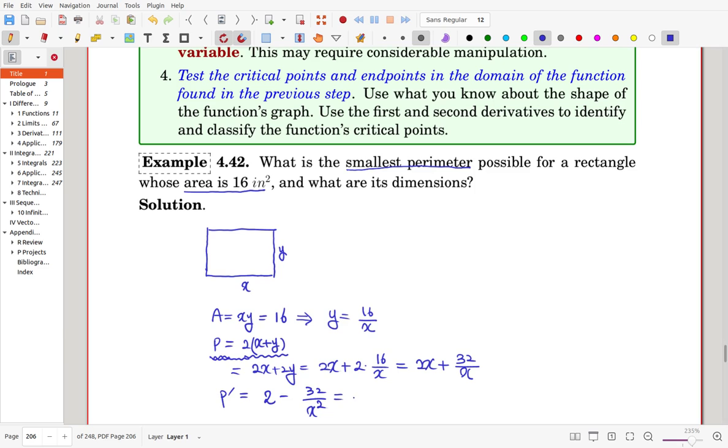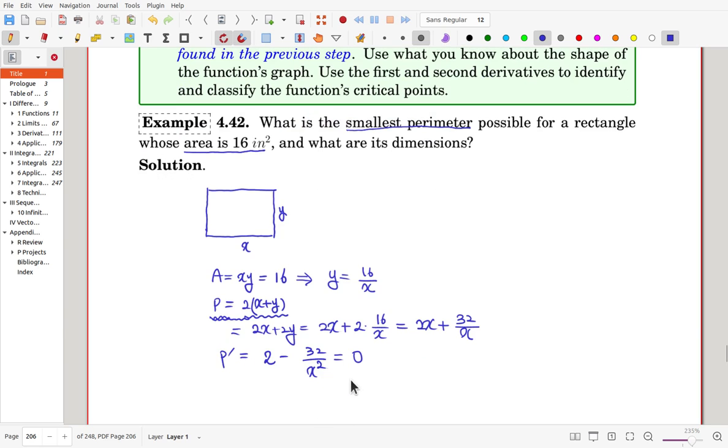So if you put this as 0, then if you solve this equation, then that is critical point, right? Okay, from this one, now x squared must be 16. Okay, which means that x is now plus minus 4.